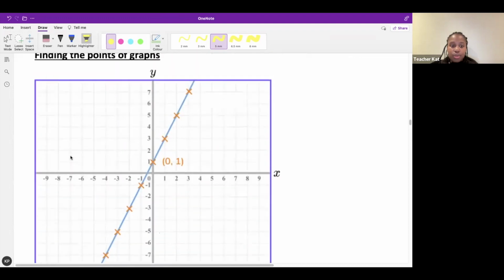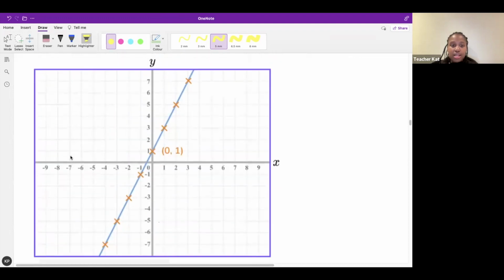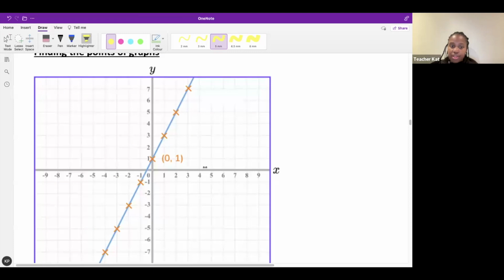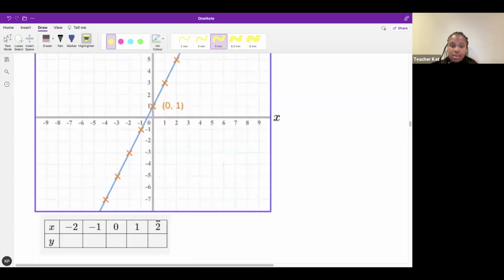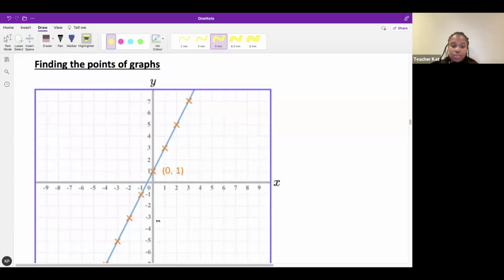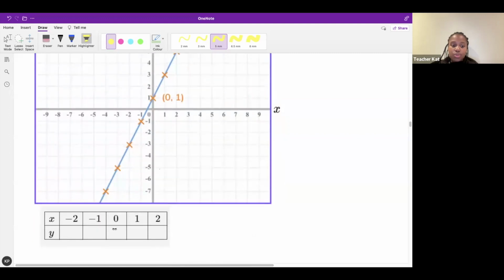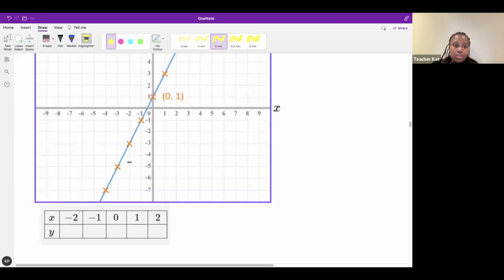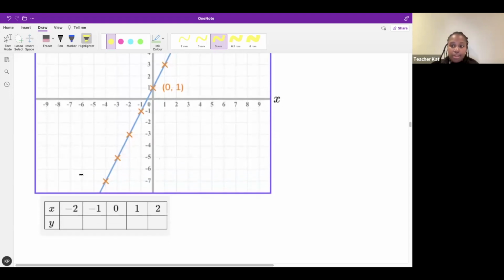Now we're going to find the points on this graph, and then we're going to find the equation of this graph. Luckily, we already have a nice table over there to fit in our points. So we only want 1, 2, 3, 4, 5 points, not all of them on the graph, because that's going to take us forever. So let's look at -2. Is that -2 our input or our output? That's my input.